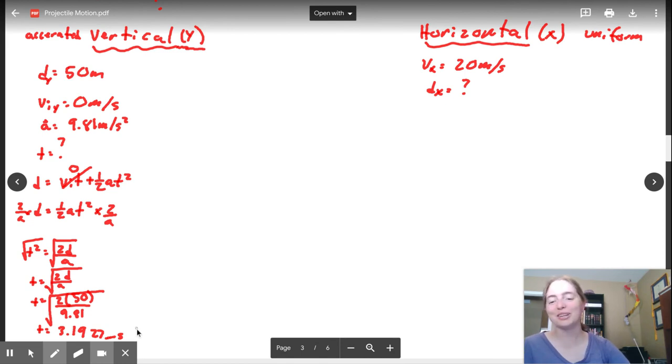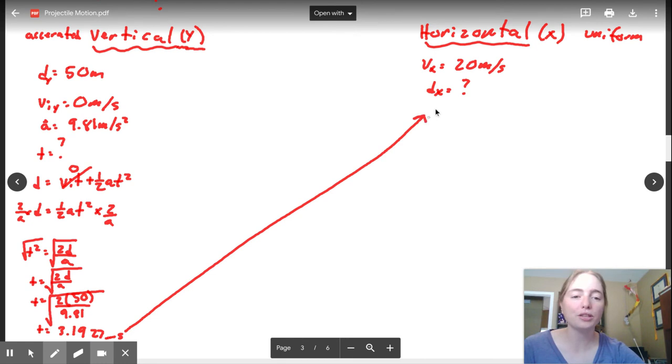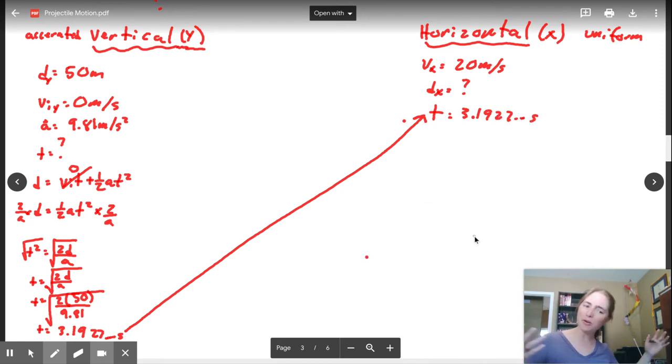So you're going to take this time and you're going to bring it up here. Okay? Time is the only thing that can jump from one side to the next. Okay? So that means our time here is 3.1927... seconds. Well, guess what? We now have all components on the horizontal to find the distance.